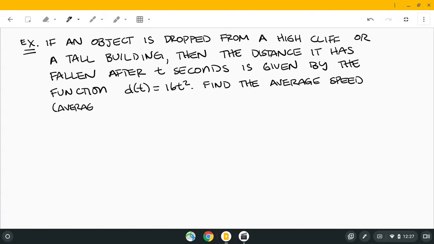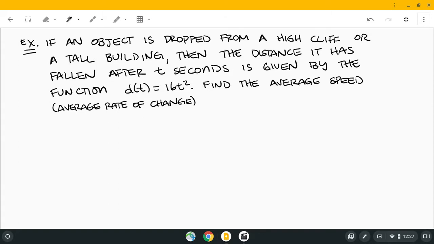Average rate of change. So average rate of change is just the general term or phrase that we use when we don't have specific units or a particular situation that we're talking about.